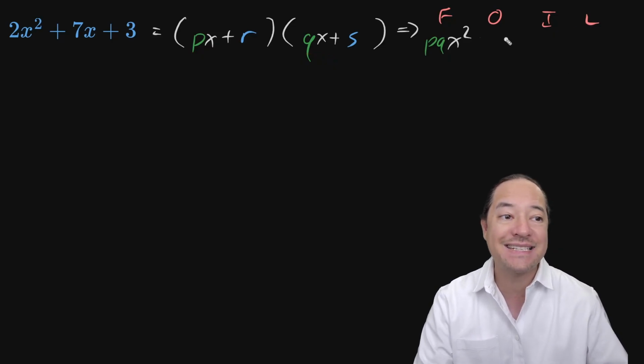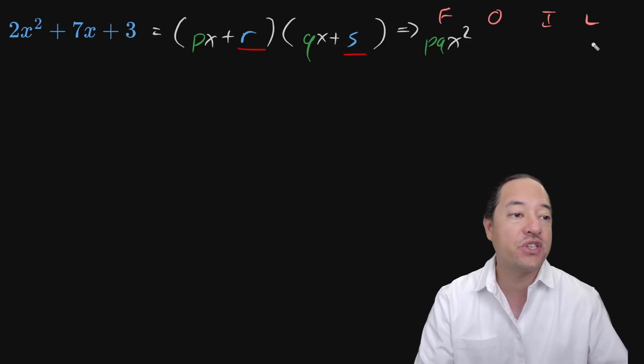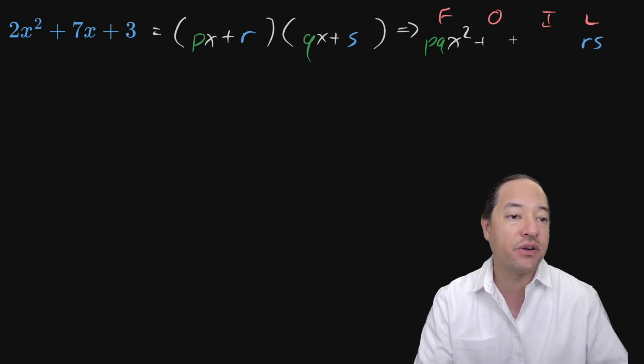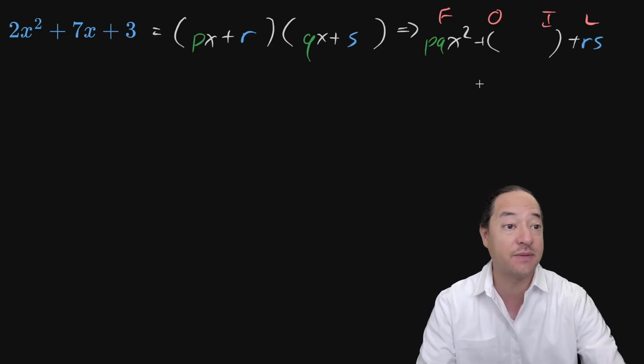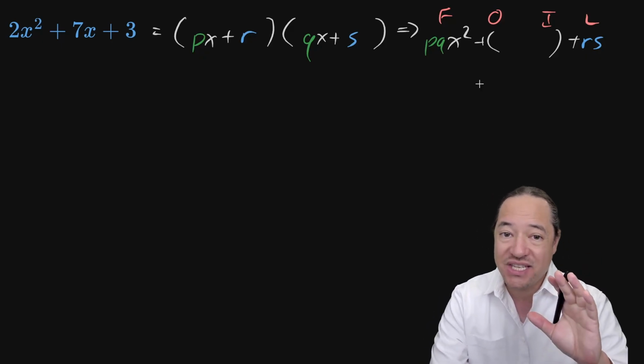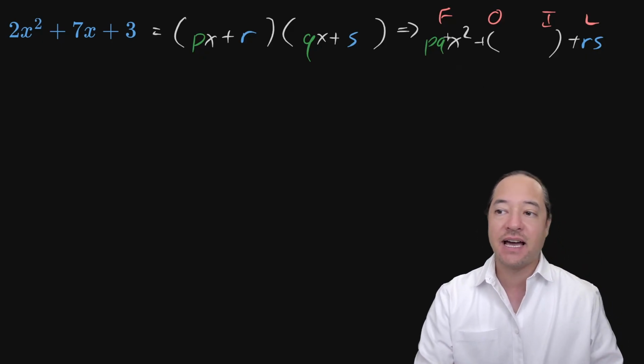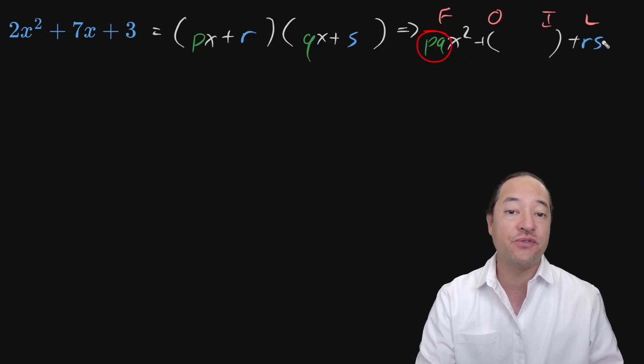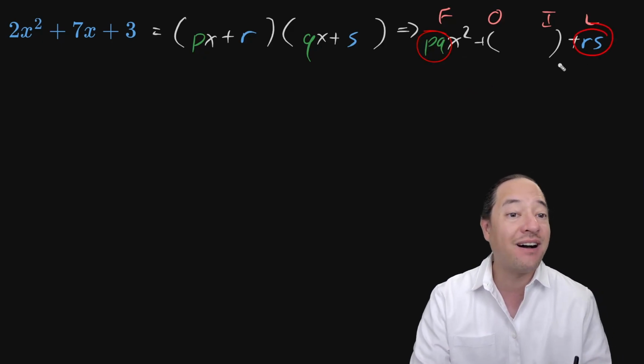And the last times last would just give us r times s, okay? And inside here, we're going to get some other terms, outer times outer plus inner times inner. Let's not worry about that right now, because what this is showing us is that the value for a must be this pq, and the value for c must be this rs.